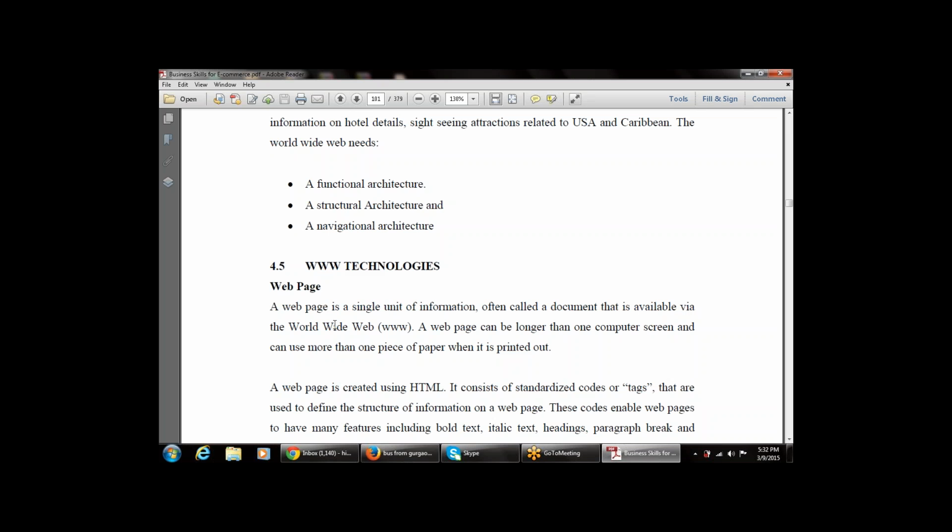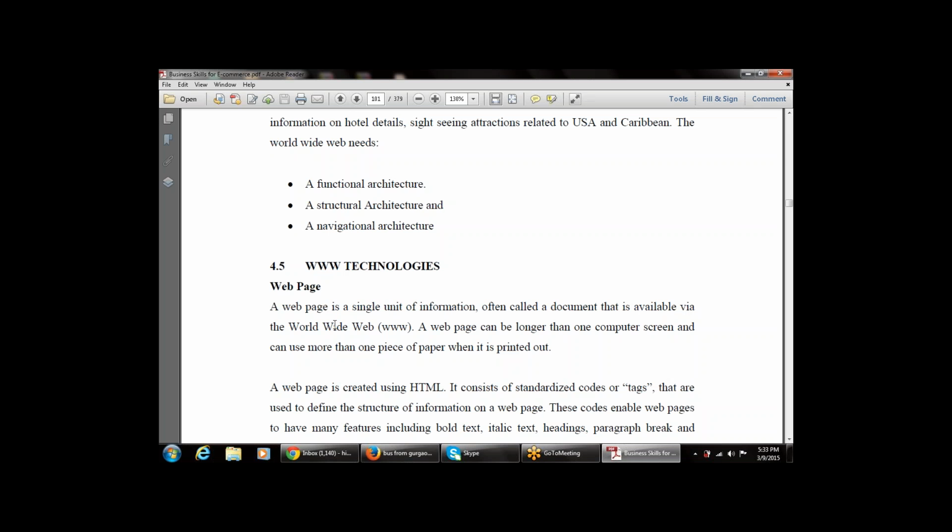It is a single unit of information, a single page of information, that is known as a document available via the WWW.